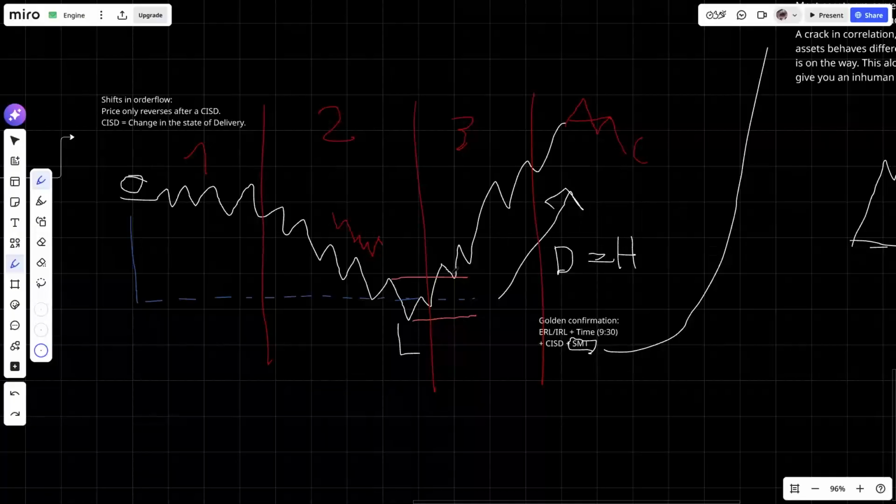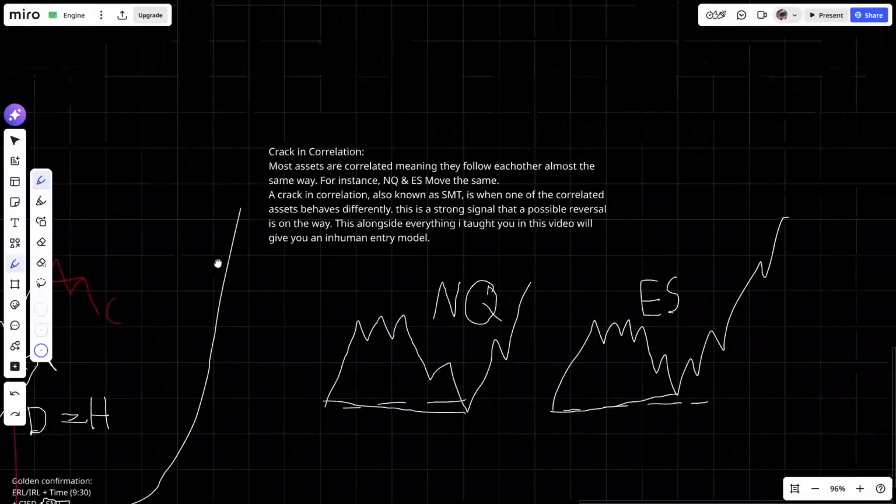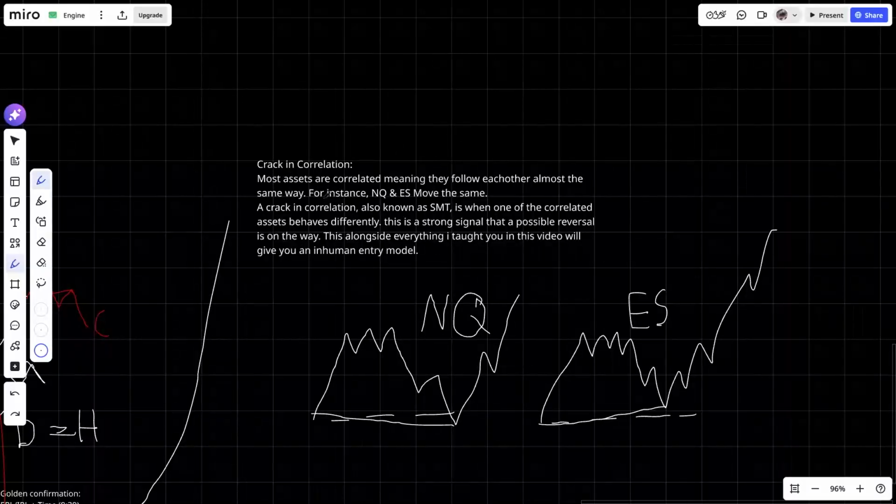There is one extra confluence that I want to teach you. It's not really related to the market engine. Actually, I lied. It is related to the market engine. Somewhat, at least. It's more of a confirmation. It's more of a confluence. It's called an SMT. In other words, a cracking correlation.